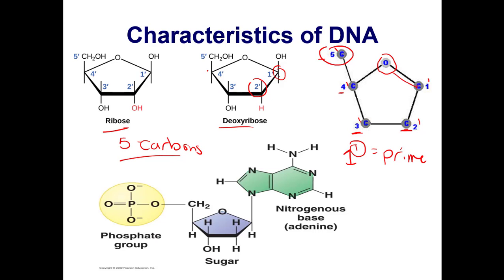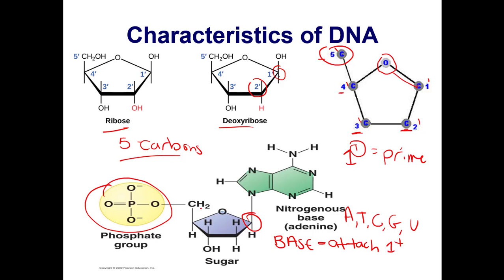Now, the base, the A, T, C, G, or U, is always attached to the 1 prime carbon. So the base will attach at 1 prime. The phosphate group will always attach to the 5 prime carbon. So phosphate is attached at the 5 prime.